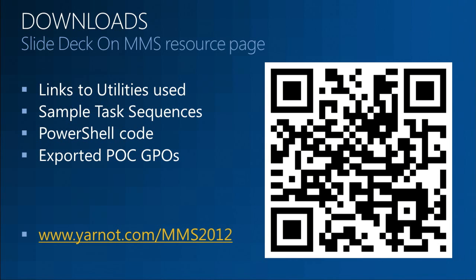A couple of the scripts I'm not going to publish until they're completely fully baked, but the task sequences, the PowerShell code, the proof of concept GPOs, including the one that lets you put vertical spaces in a legal notice caption, I'm kind of surprised nobody asked about that one, are all up there, and how I actually did those things, step by step, fully documented on that website.